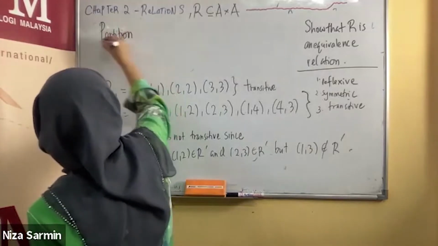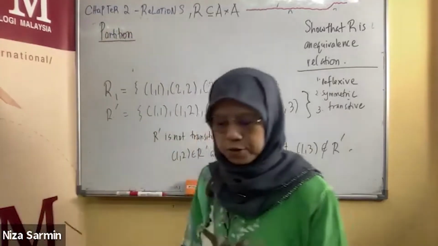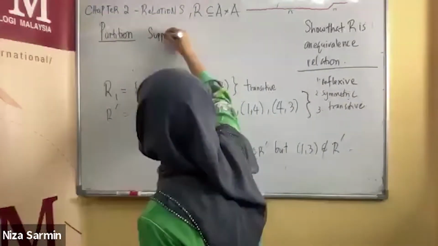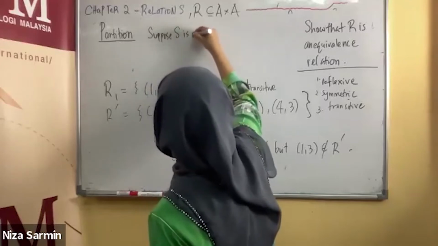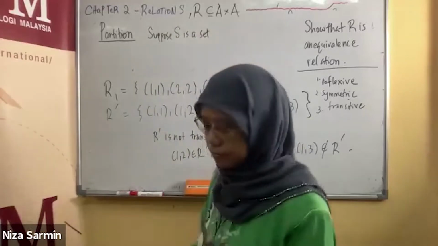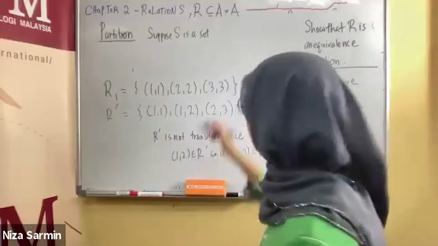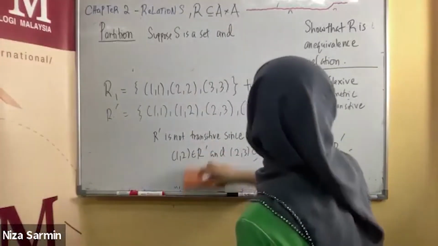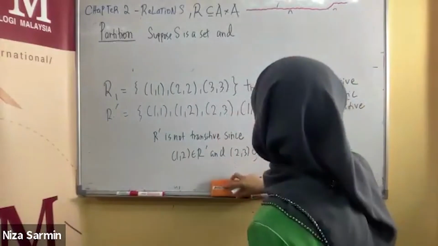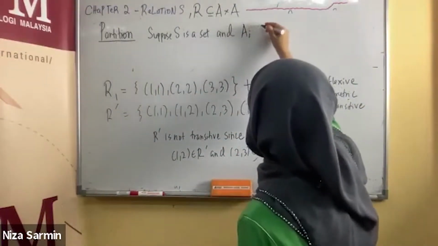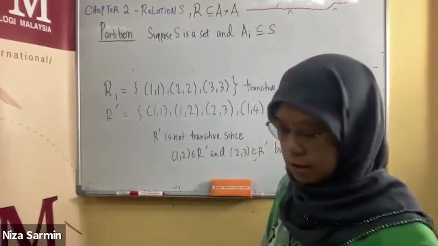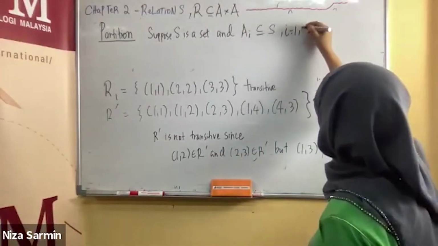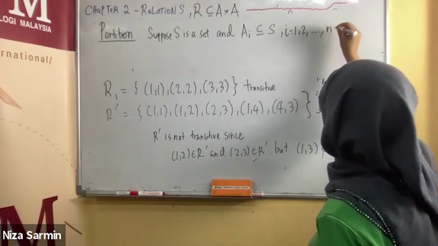I'm sure you have seen this so many times. So suppose S is a set and you have subsets, and A_i is a subset of S. And how many do you have? i equals 1, 2 until n.